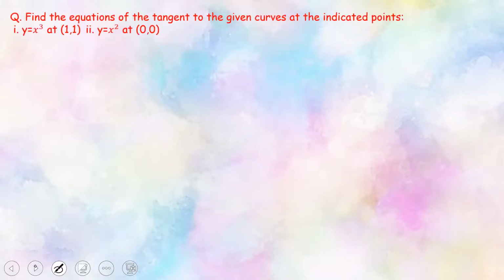So here is your first problem. y is equal to x cube at the point (1, 1). You need to find the equation of the tangent. Now firstly find the slope of the tangent, that is dy/dx. What is dy/dx? Differentiation of this y, that is x cube, means 3x square.